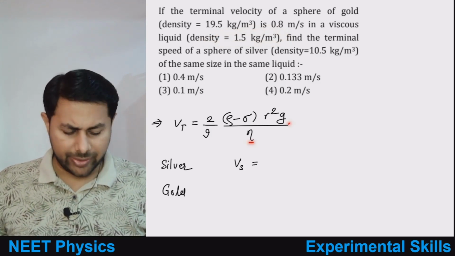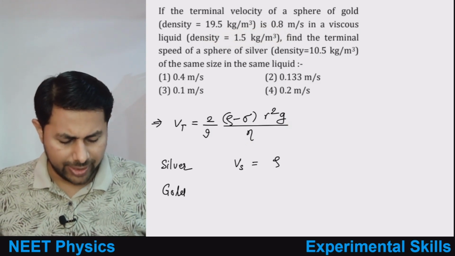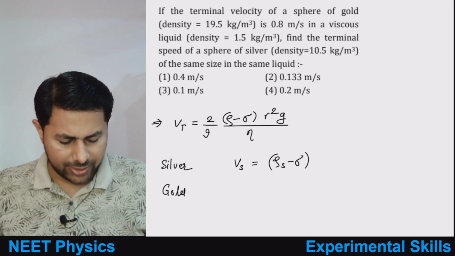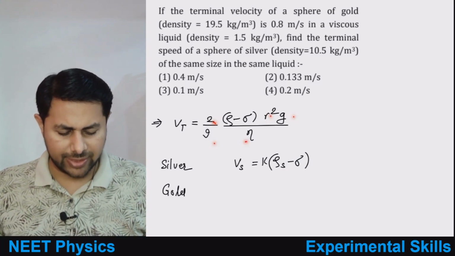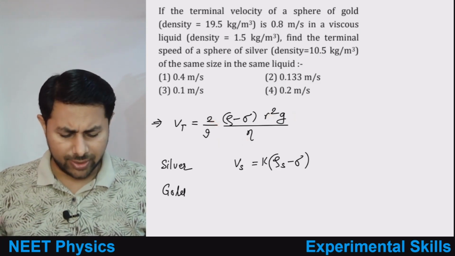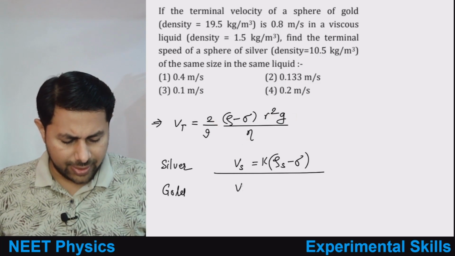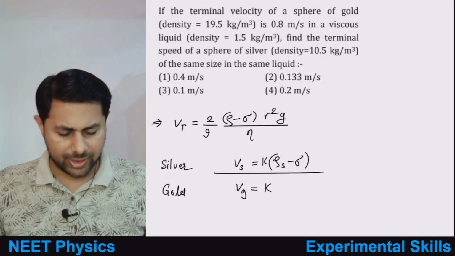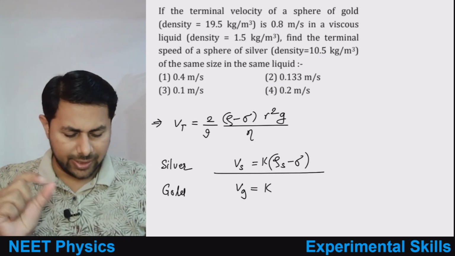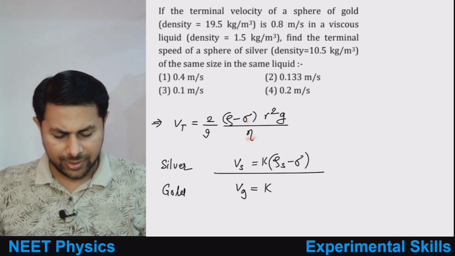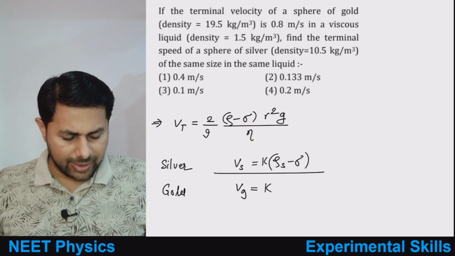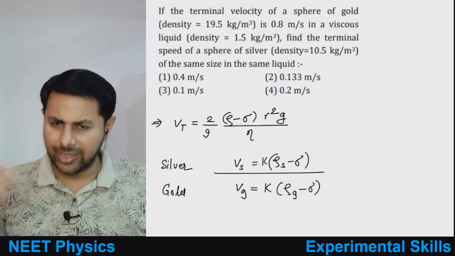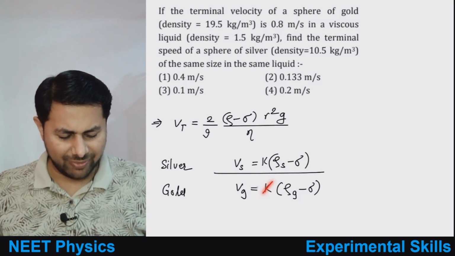Everything else is constant, so let's call it constant k, because 2 by 9, r square, g and eta are all constants. For gold, Vg is the same thing, because same liquid and same size, so eta is the same and the constant will be the same, so it will be (density of gold minus sigma) times k. We take the ratio of the two, so that k gets cancelled.